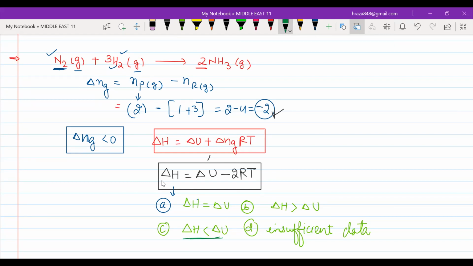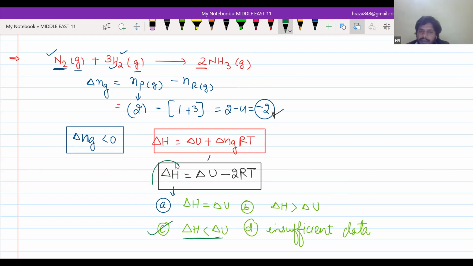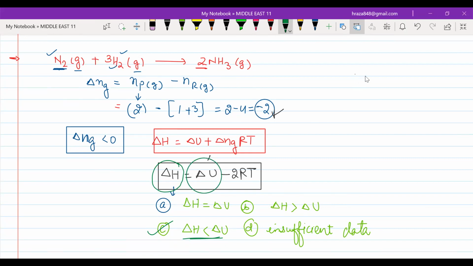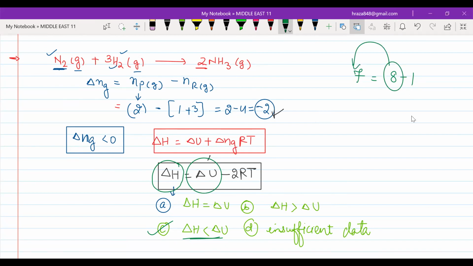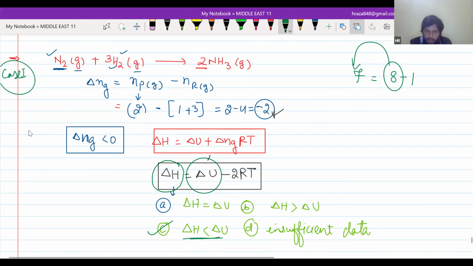It is C, because the value of delta H is calculated by subtracting something from delta U. Are you getting my point? It will be equal to 8 minus 1. That means this is greater than this. Ifra, clear?